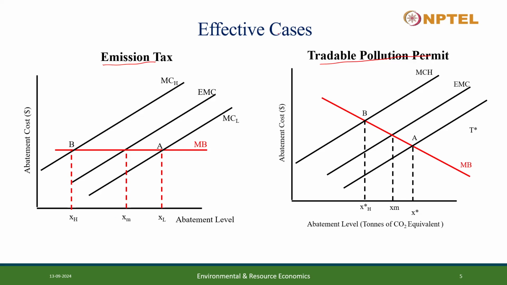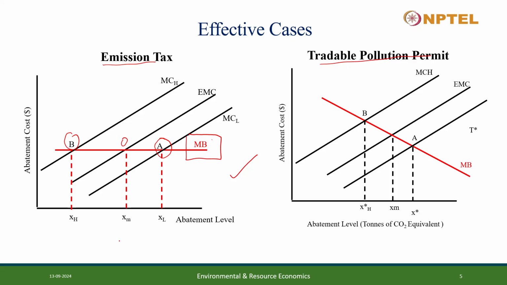In the effective case for emission tax, the flat MB curve is effective because for both point A, point B as well as point O. Point O is assumed by the regulator. Points A and B are actual abatement costs, which might be lower or higher than the expected marginal cost. So in all the cases, the private optima and social optima converge.